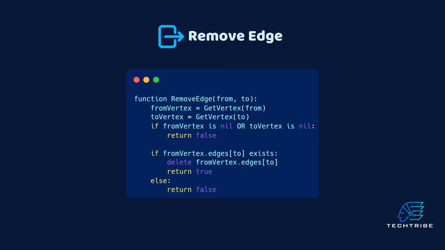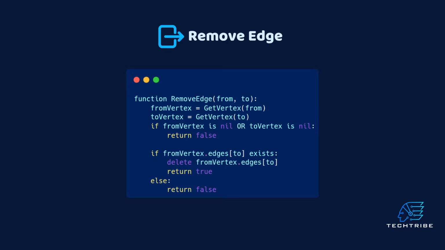You first check the vertices exist. The second step is to actually delete if it does exist. So we can do that in only a block of code to check and delete it, just an if else.